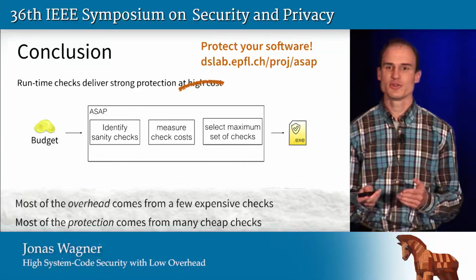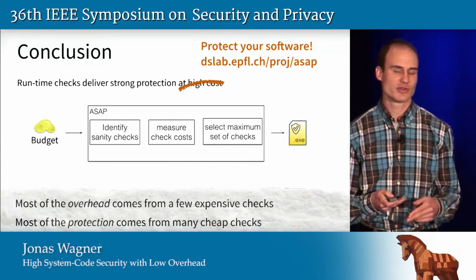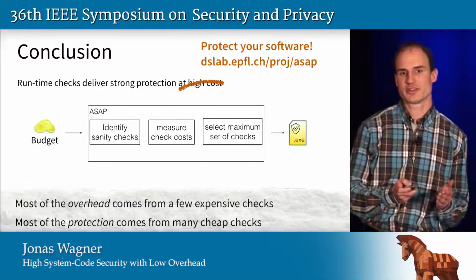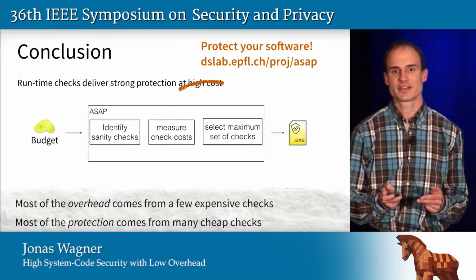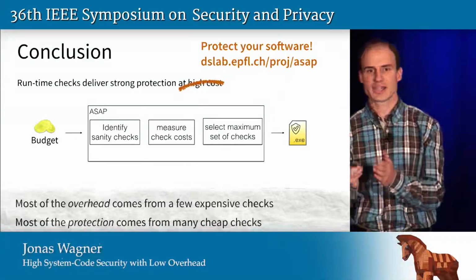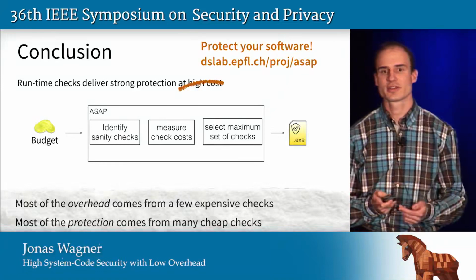Now, what we do is, we decide purely based on their cost, and we show in the graph about Python that this is actually a conservative assumption in some sense, in that checks that are cheap tend to have a slightly higher impact for protection than checks that are expensive.